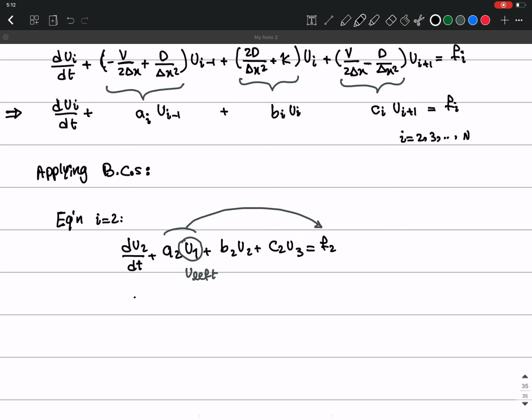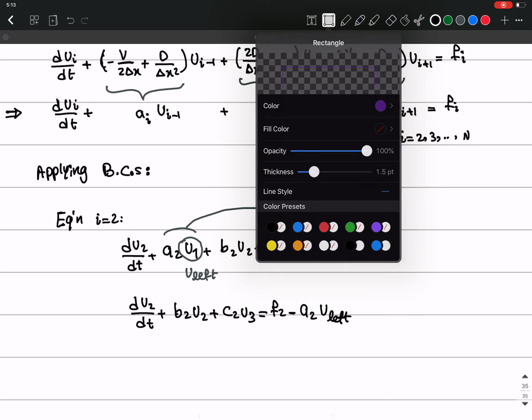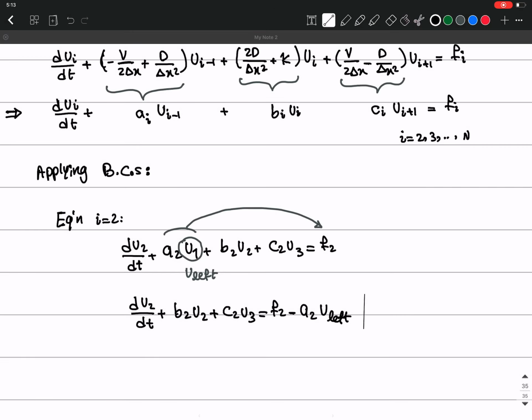What I'm going to have for equation i equals 2 is du_2 over dt plus b_2 u_2 plus c_2 u_3 equals f_2 minus a_2 u left. So this is the first equation that I have.